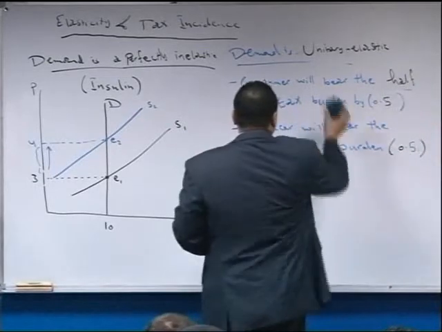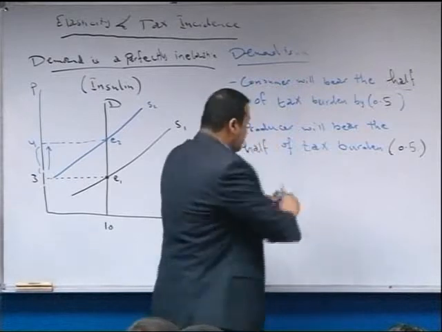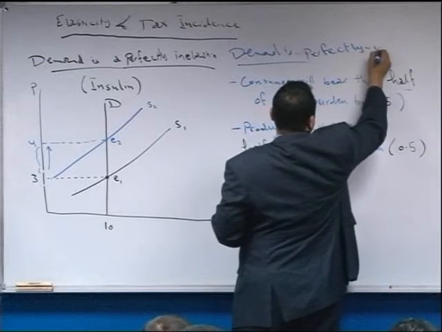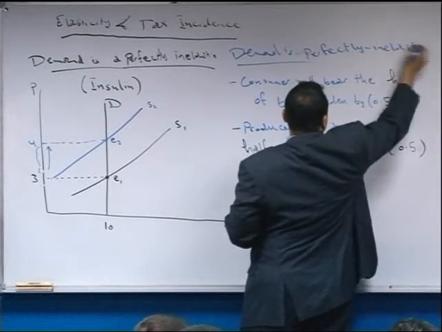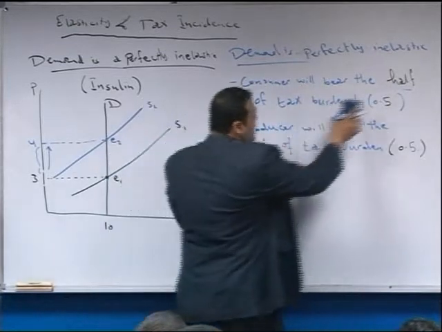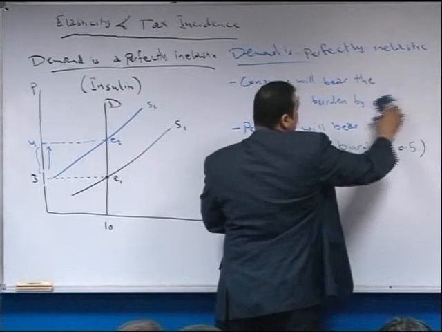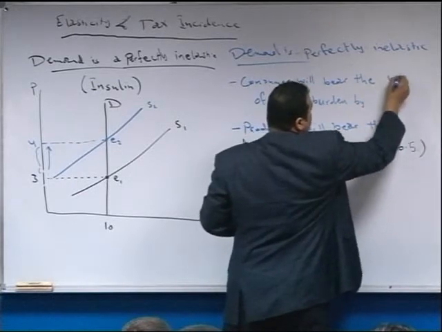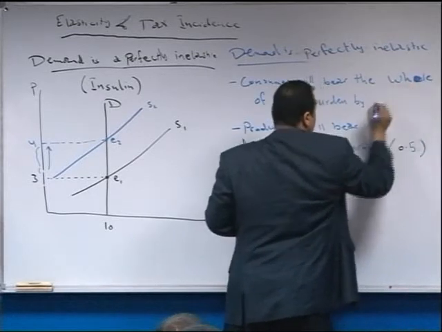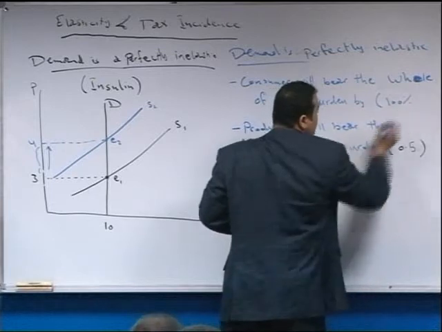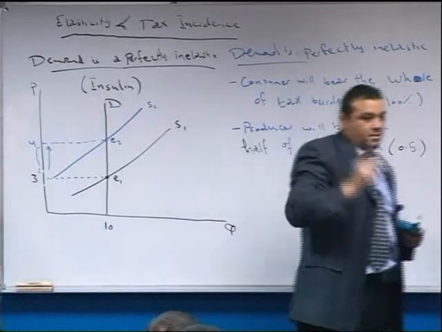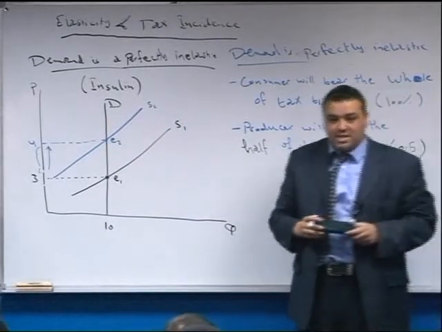So, if demand is perfectly inelastic, like the demand for insulin, the consumer will bear the whole tax burden of $1. The whole tax burden means 100% of the tax burden, or the consumer will bear $1, or 100% of the tax burden.